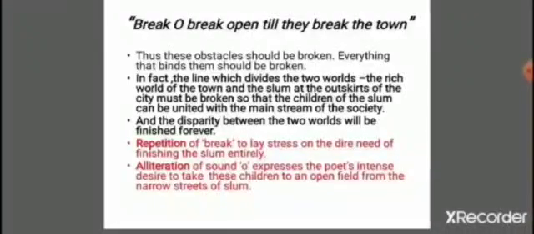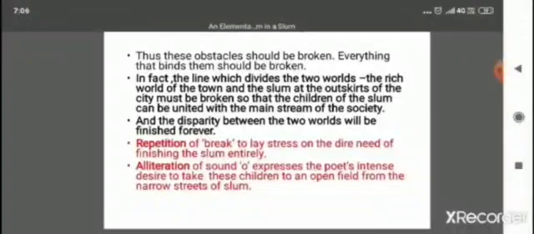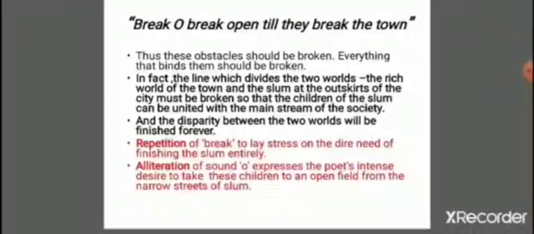In fact, the line which divides the two worlds, the rich world of the town and the slum at the outskirts of the city, must be broken so that the children of the slum can be united with the mainstream of the society. And the disparity between the two worlds will be finished forever.